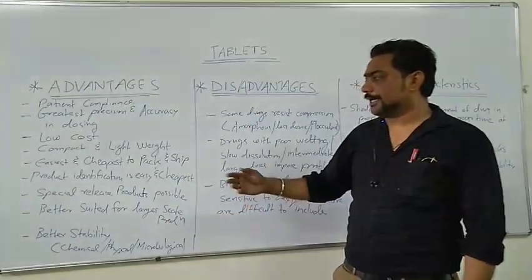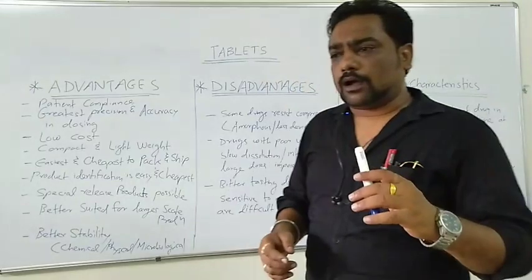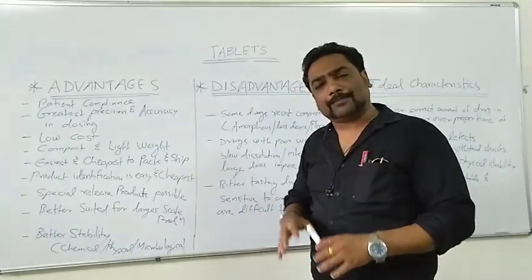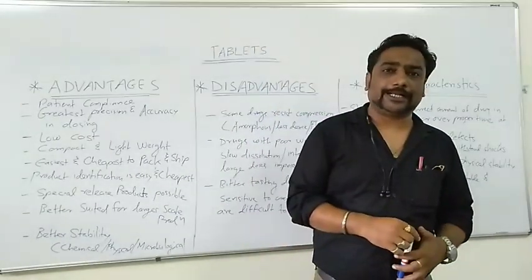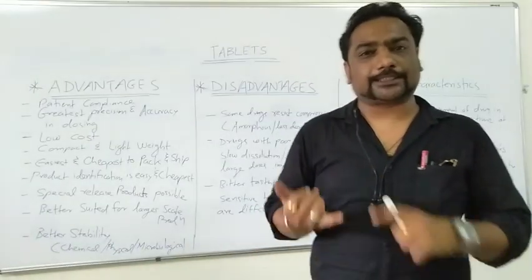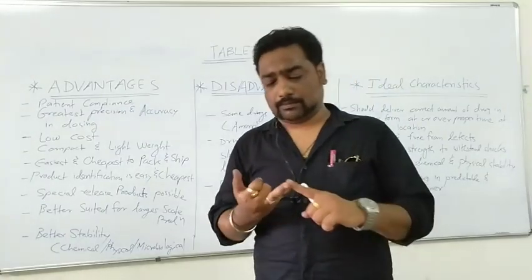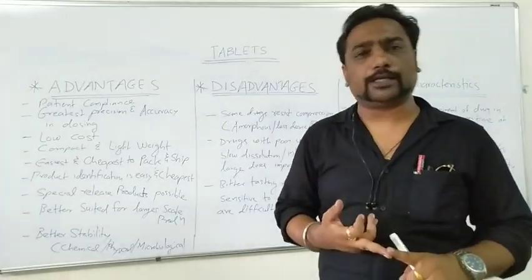Then special release products are possible. This means immediate release tablet dosage forms can be manufactured, but along with immediate release tablets, we can have modified release tablets also. So we can prepare sustained release tablets, we can prepare delayed release tablets, we can prepare controlled release tablets, and so on and so forth.